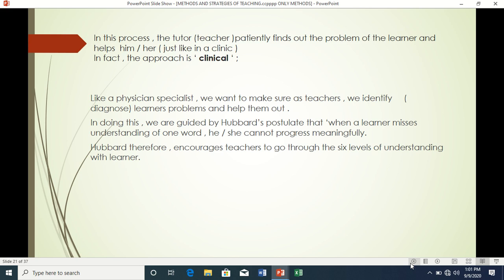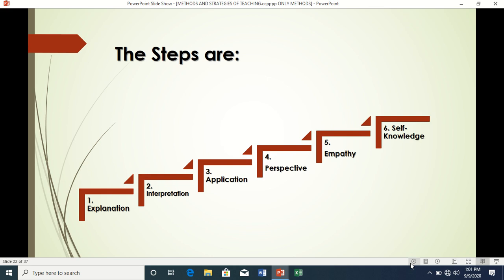And let us look at what he has said. The steps start with explanation, because if a learner fails to understand one word, teachers must try as much as possible to explain concepts and ideas to the understanding of the learner.